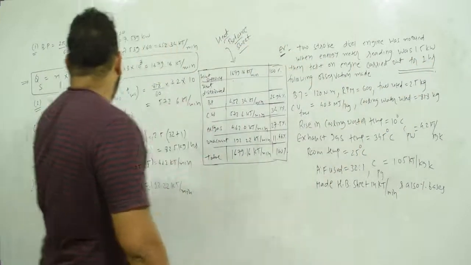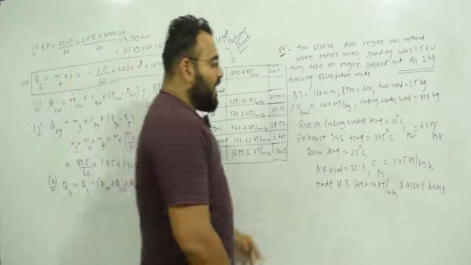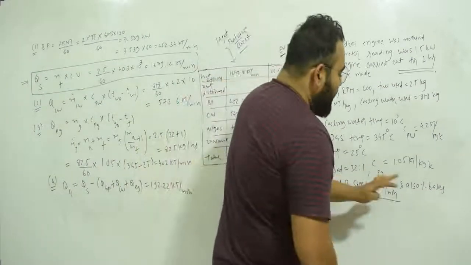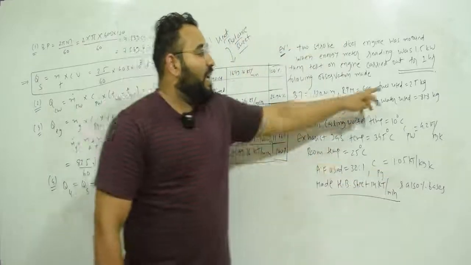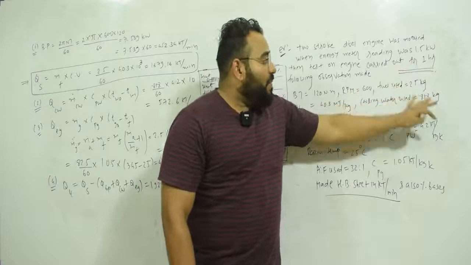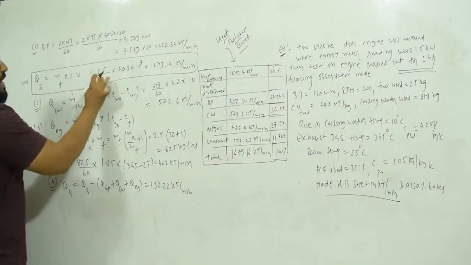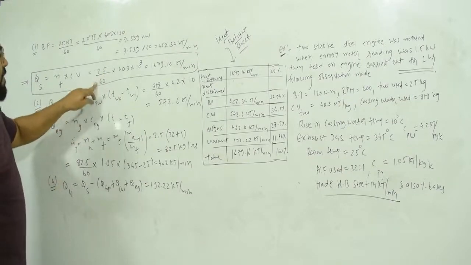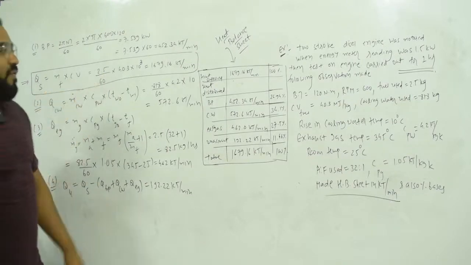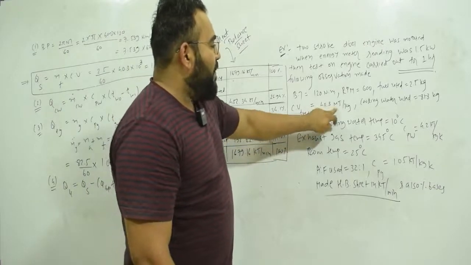Okay, so here the fuel is in kilojoule per hour, but I have to find the heat balance in terms of kilojoule per minute. So if it is in kg per hour, then I have to convert it into kg per minute. So 2.5 kg per hour divided by 60 gives kg per minute, multiplied by calorific value. The calorific value of the fuel is given, which is 40.3 megajoule per kg.